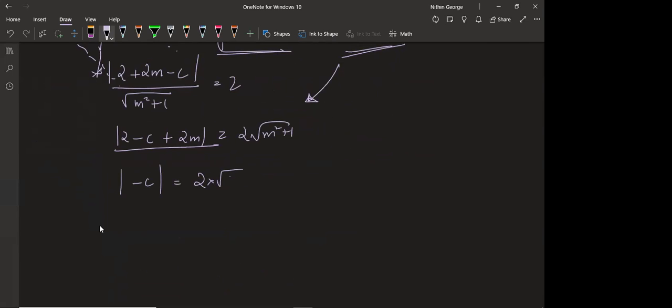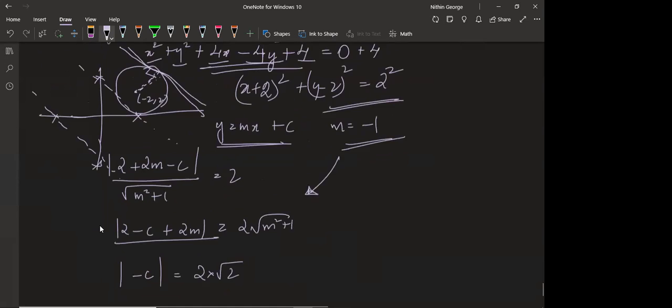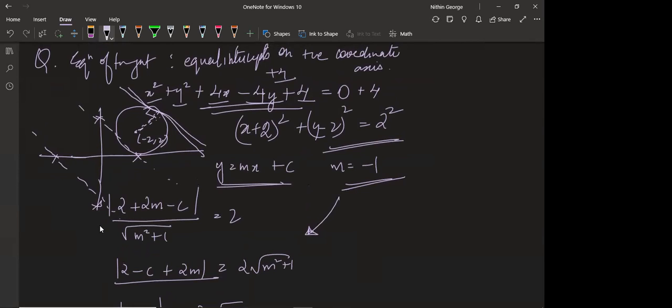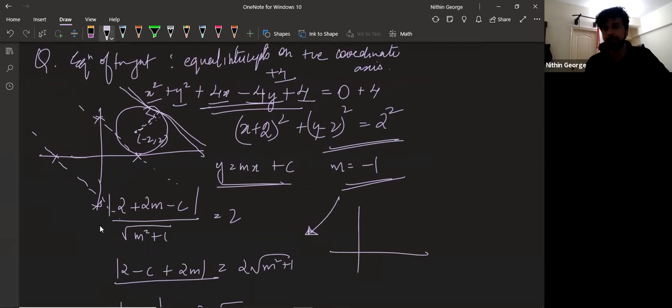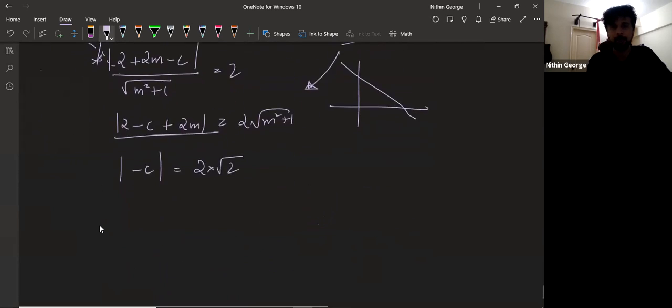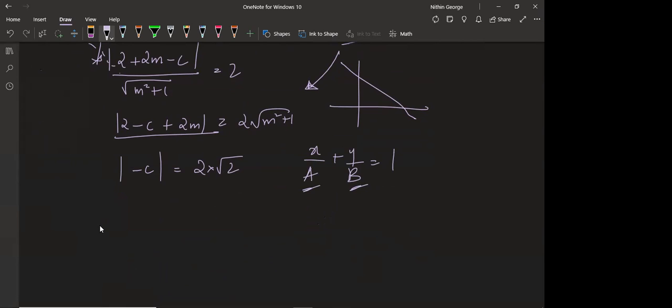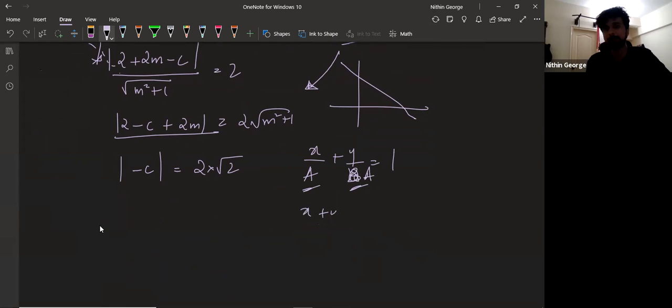Sir, I didn't understand the part where you drew the equal intercepts. Okay, so when you say straight line has equal intercepts, I said the intercept form is x by a plus y by b equal to 1, where a and b are the intercepts, x-intercept and y-intercept. This you remember? Sir. So now make the intercepts equal. So you get x plus y equal to a.